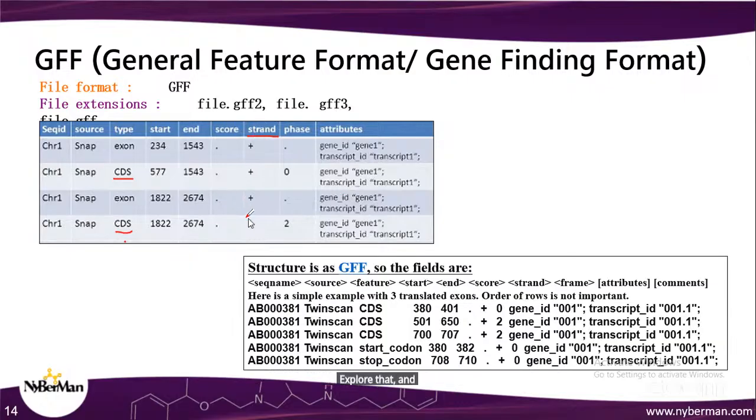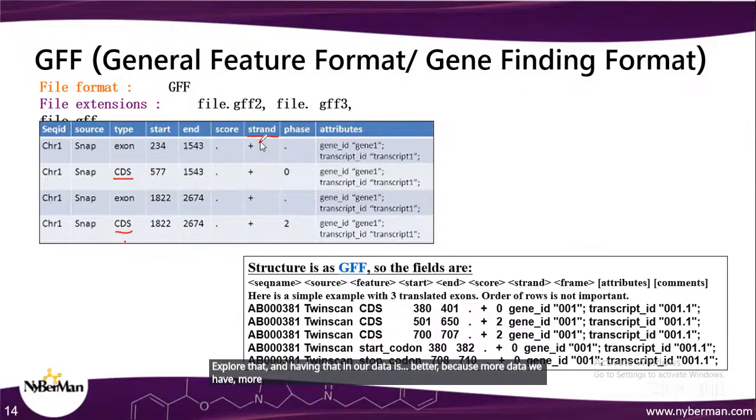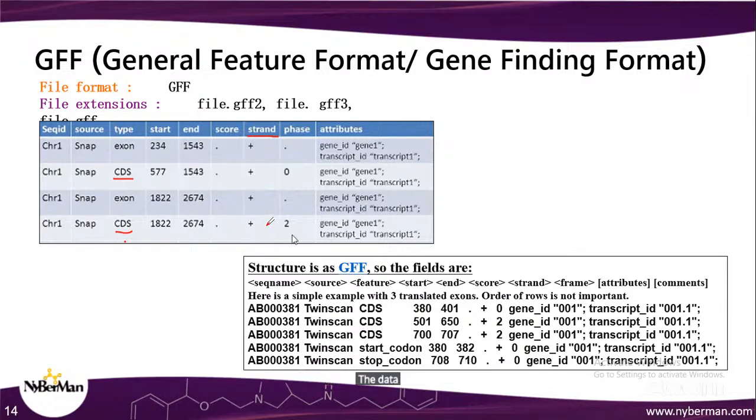Having that in our data is better, because the more data we have, the more insights we can retrieve from the data in hand. Okay, so I hope that is clear.